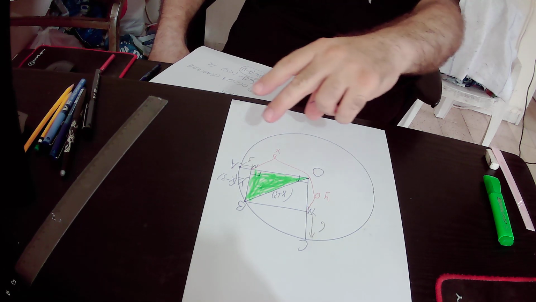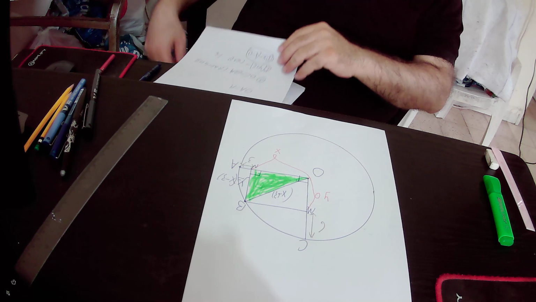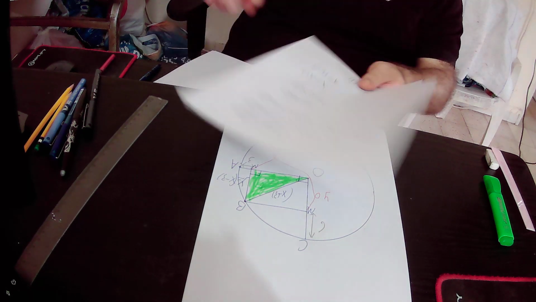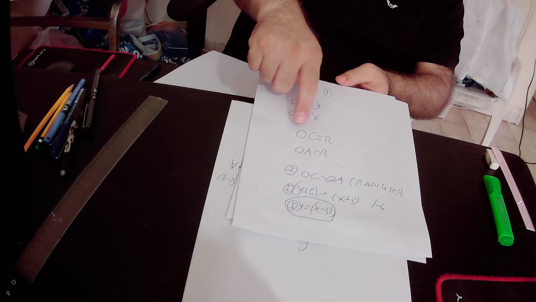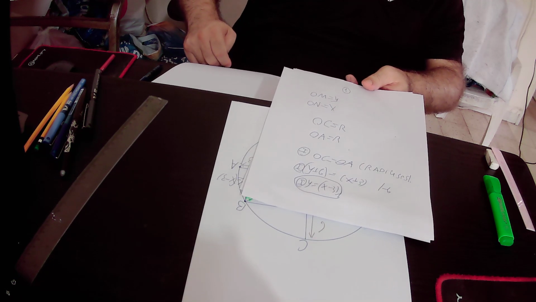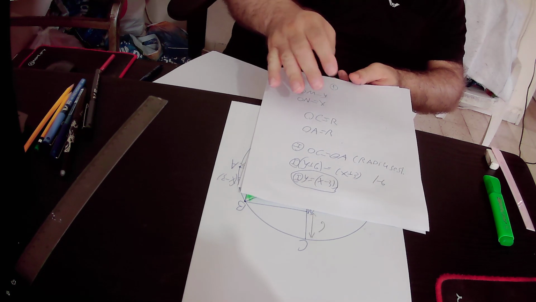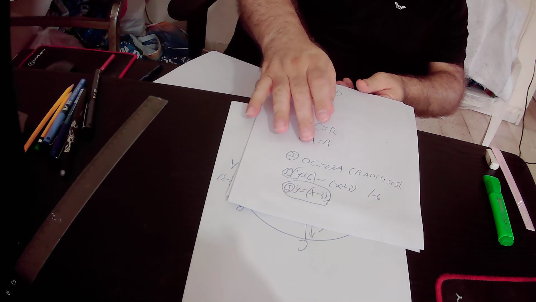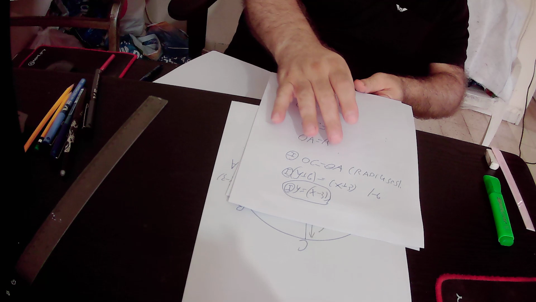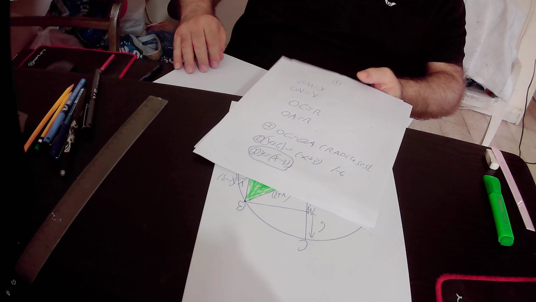For that reason, OA is the radius of this circle. So OC is the radius of the circle and OA is also the radius of the circle. So if both of them are the radiuses of this circle, then they are equal to each other. So our first equation is that OC equals OA because both of them are radiuses of this circle.